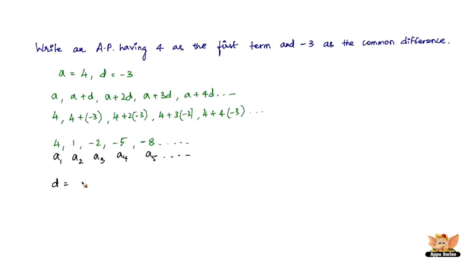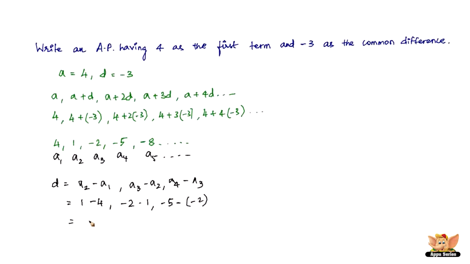The D is nothing but A2 minus A1 or A3 minus A2, A4 minus A3, and so on. So here A2 minus A1, 1 minus 4, and then A3, minus 2 minus 1, and then A4, minus 5 minus of minus 2.